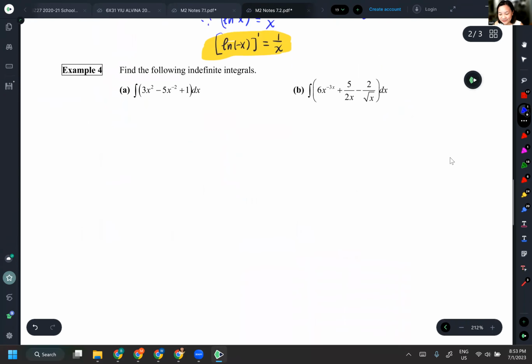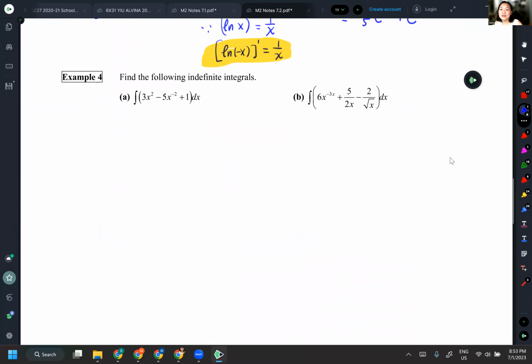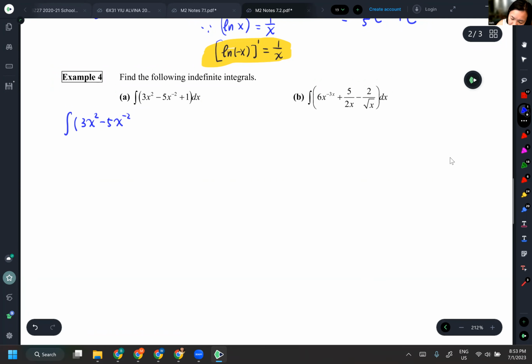Example 4. It looks very scary, but it's not. I recommend copy the question. That is to integrate this. It means to integrate each one separately.